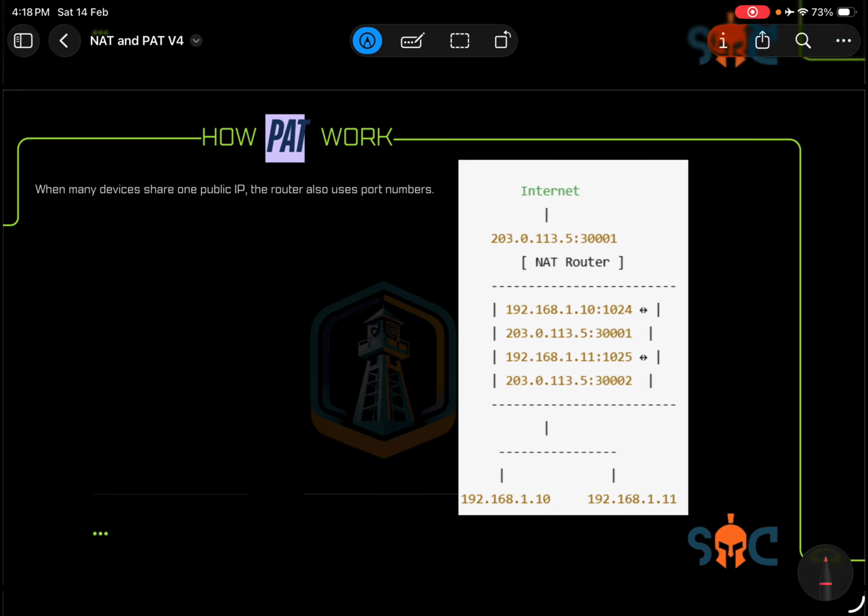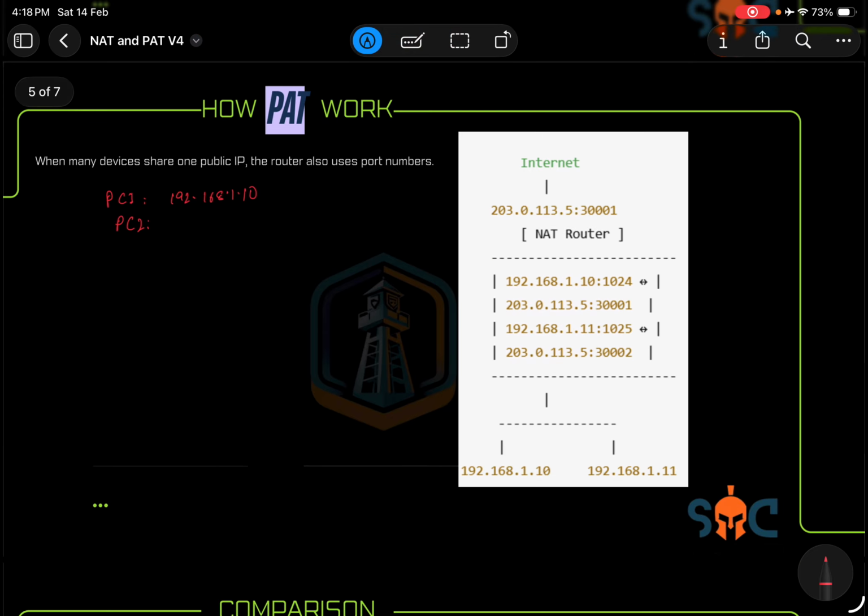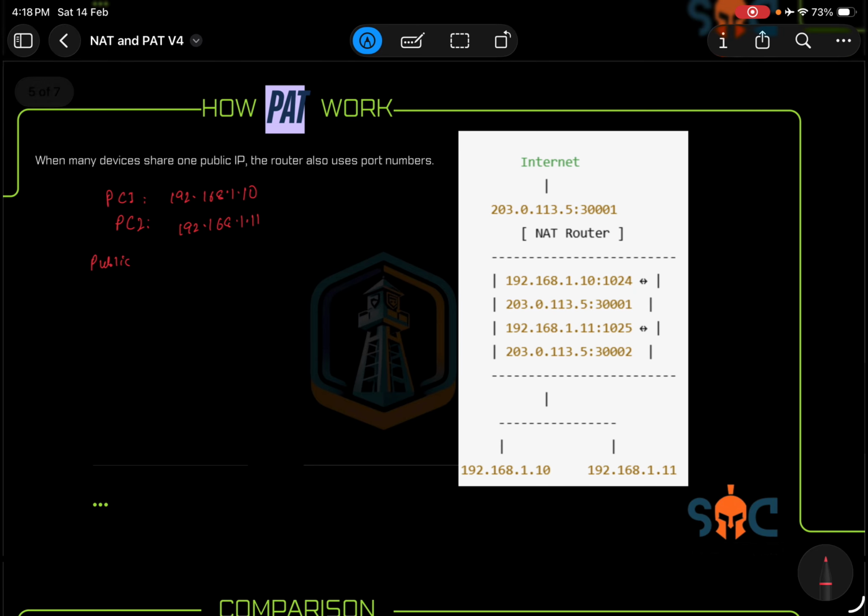Let's take an example. There are two PCs. One PC is assigned this private IP address, and the other one is assigned this private IP address, and we have a public IP that is 203.0.113.5.